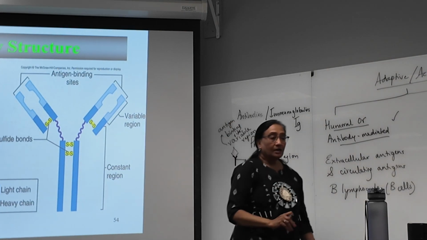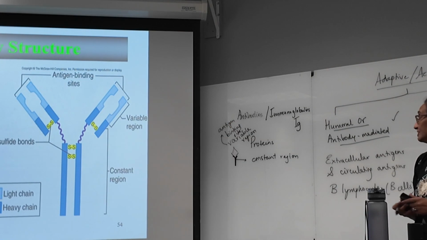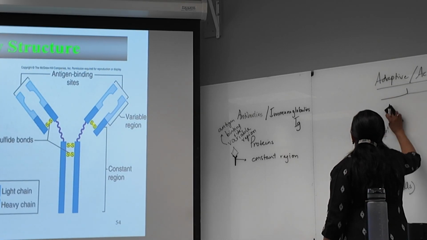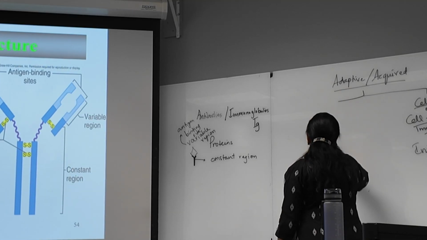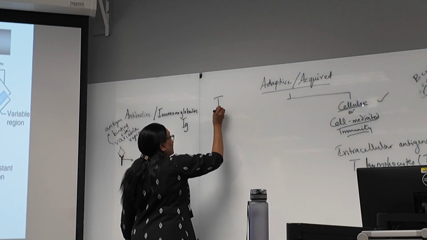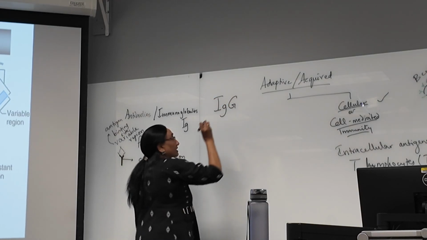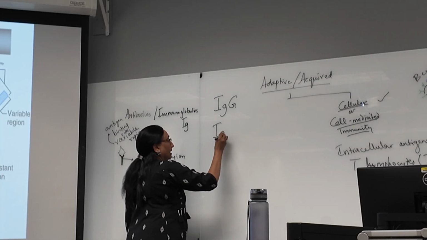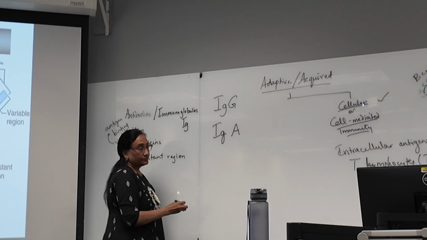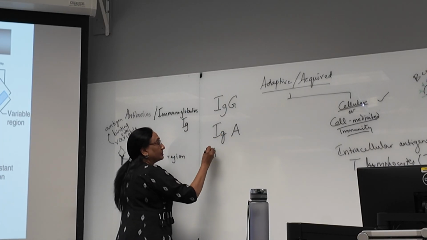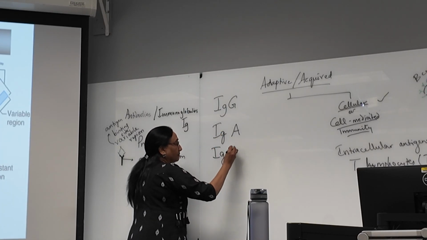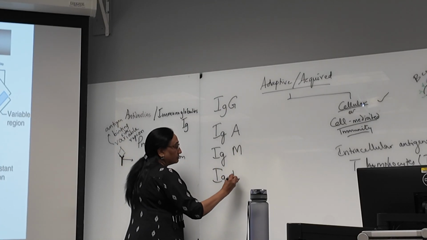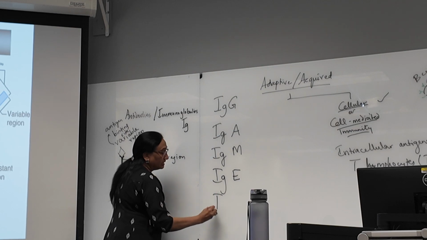Now there are 5 different types of antibodies. I'm going to tell you something and you have to remember that. IgG, this is one. IgA, immunoglobulin A. IgM, IgE, IgD.